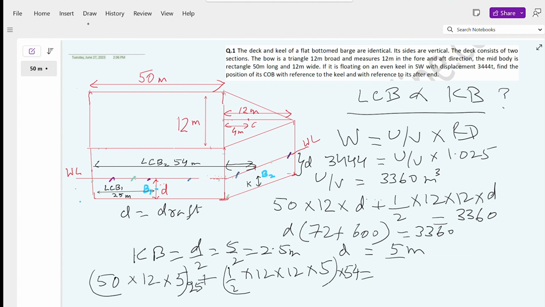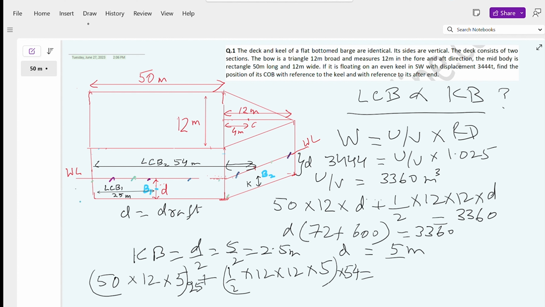The underwater volume below the rectangle is multiplied by the distance of its buoyancy from the aft part of the barge. Its total is 50 meter, so it's a rectangle, center of buoyancy will be halfway from aft, 25 meter.